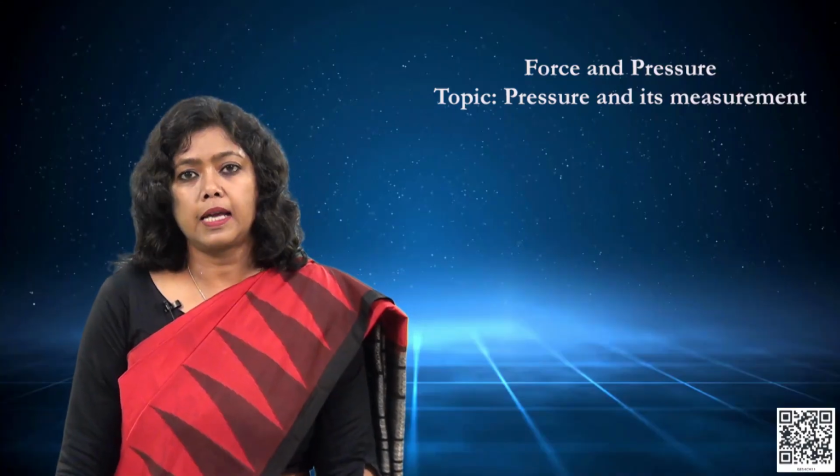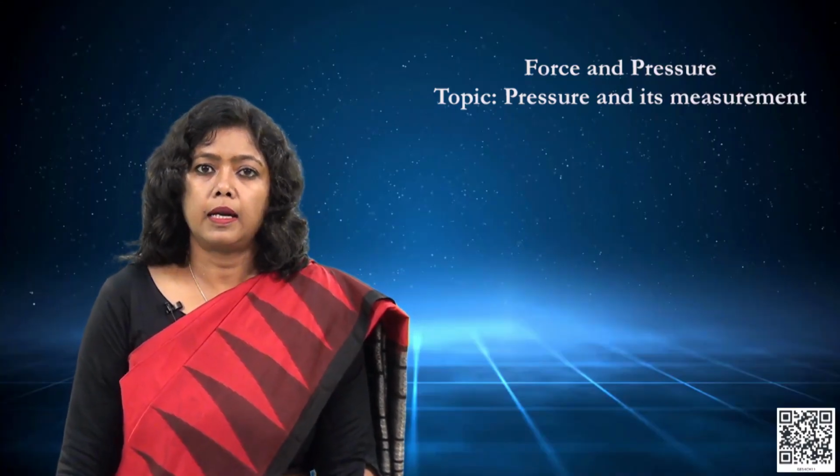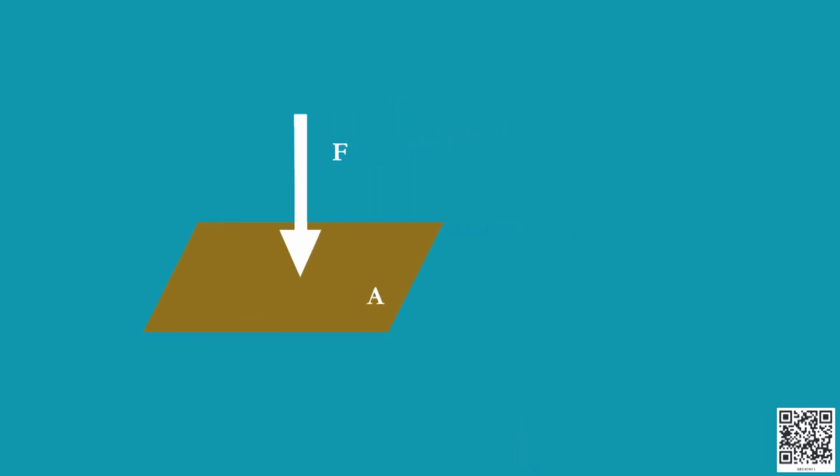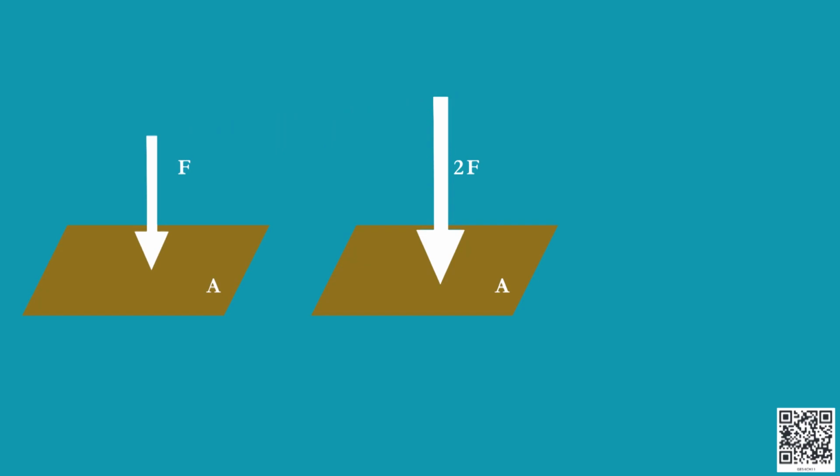Now, let us understand it qualitatively by another situation. Consider this situation. Let force F be acting on a surface area of A. A force 2F, that is double the initial force, acting on the same surface area A, and a force 3F, that is triple the initial force, acting on the same area A. Here the area is the same in all three cases.